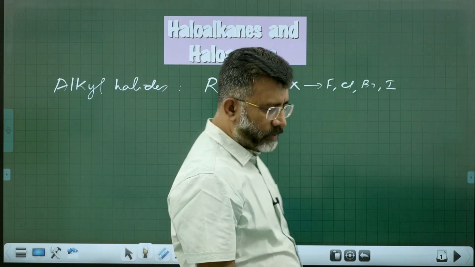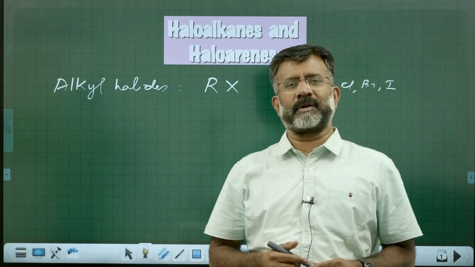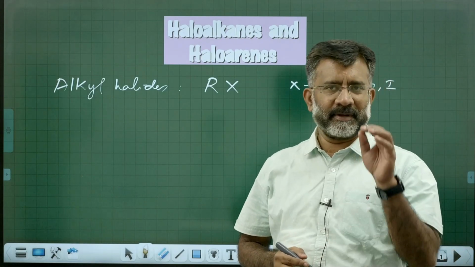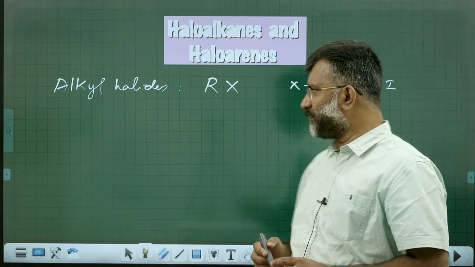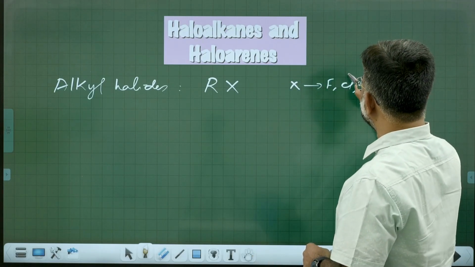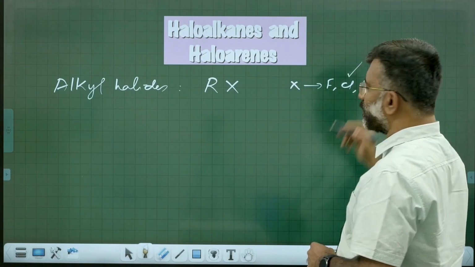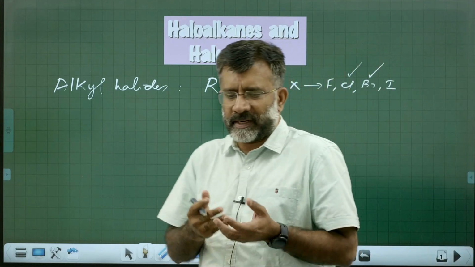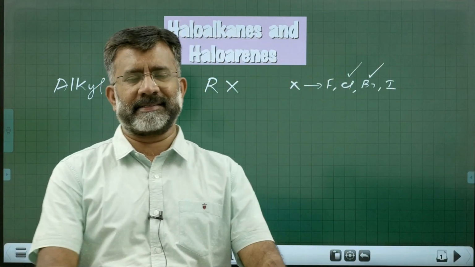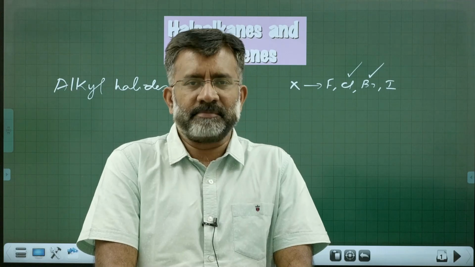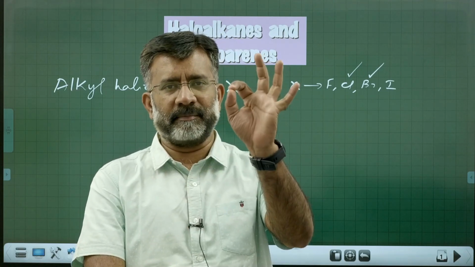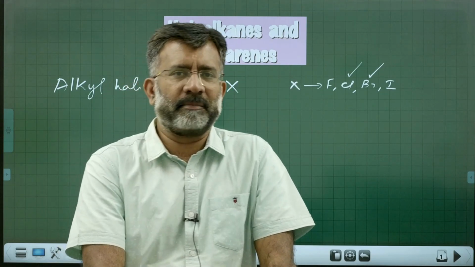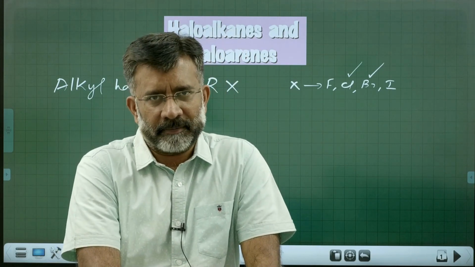Normally when we talk about halogen compounds in general, we take chlorine and bromine into consideration. So when we talk about the reactions and properties, it is mainly dealing with alkyl chloride and alkyl bromide, which are the typical members of the family.